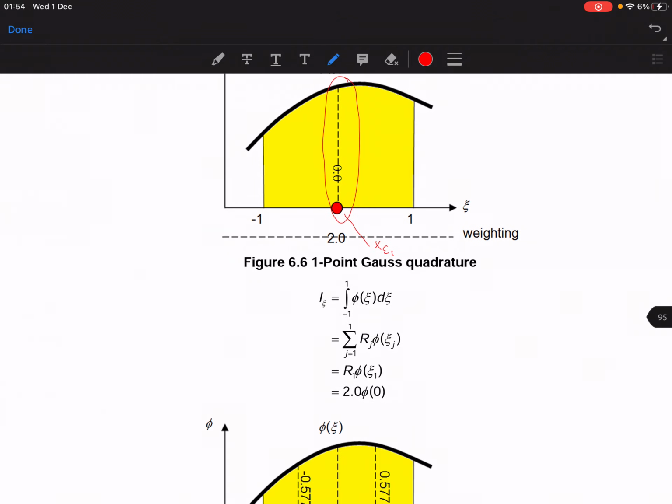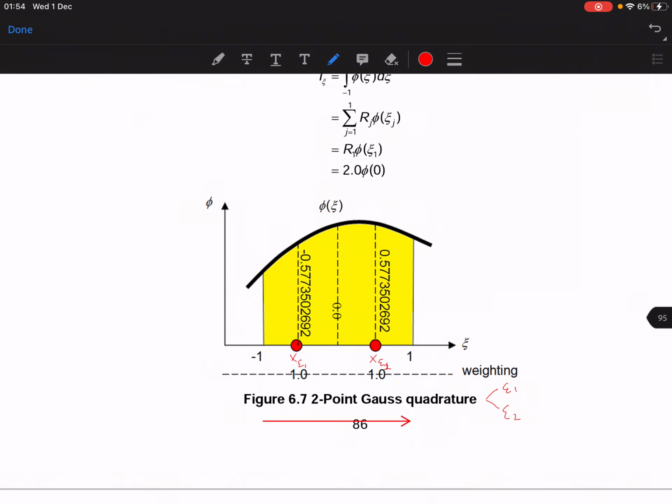Okay, so similar with 1 point, for 2 points, if let's say this is the center, because we are going to consider 2 points, relative to the center meaning from here to here, its center, which is this one, and from 1 to the center, so the center location would be here. So this is the area of zeta 2, and this is the area of zeta 1.